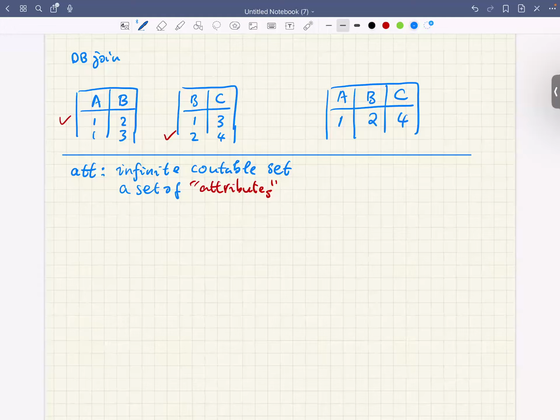The next thing that we're going to define is the tuple. As you can see in the table, you have rows. Each row there is referred to as a tuple. But again, we don't have the notion of a row in mathematics.